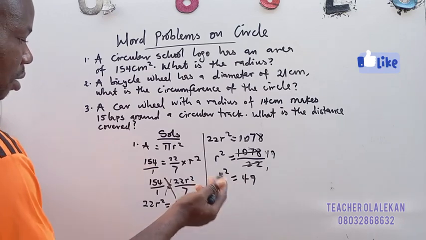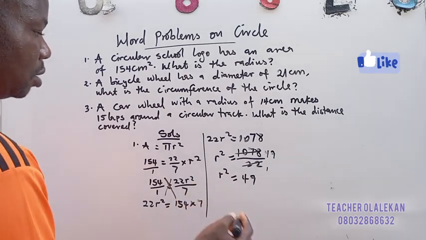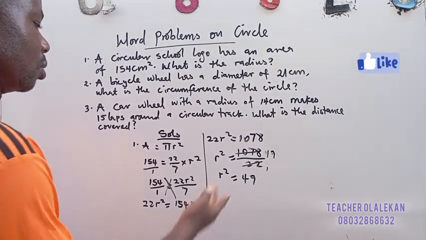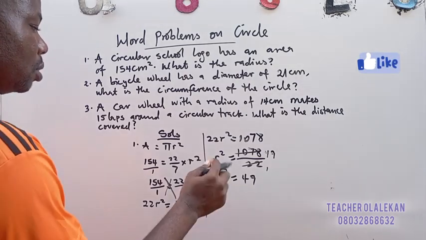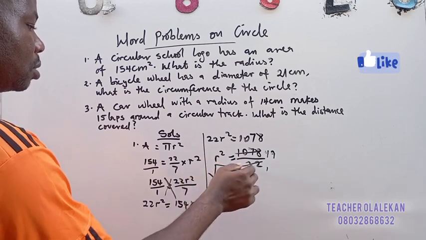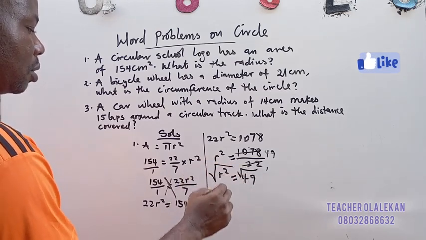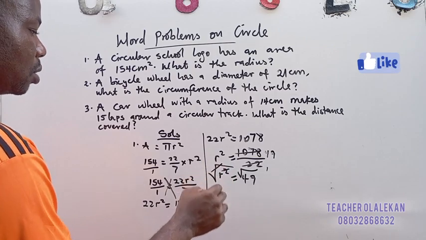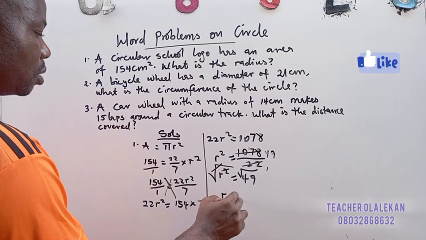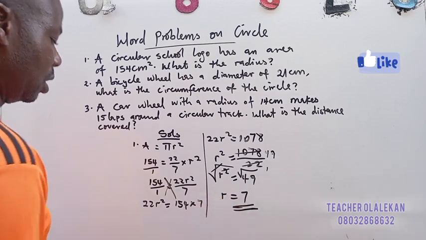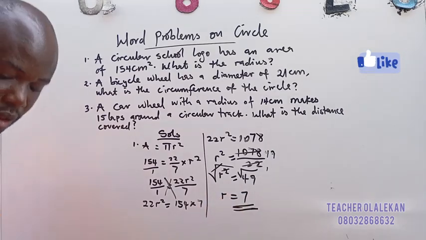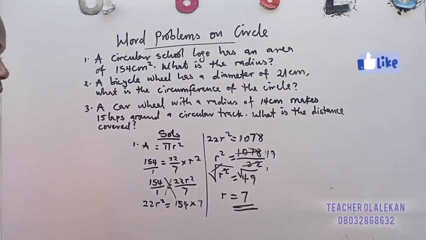At this stage we take the square root of both sides. The square root cancels the square. So our radius will be equal to 7. So for number 1, our radius is 7 centimeters.